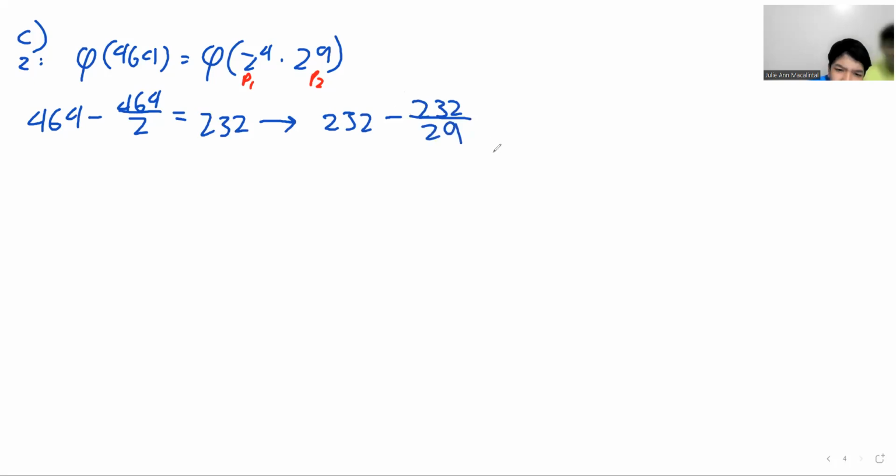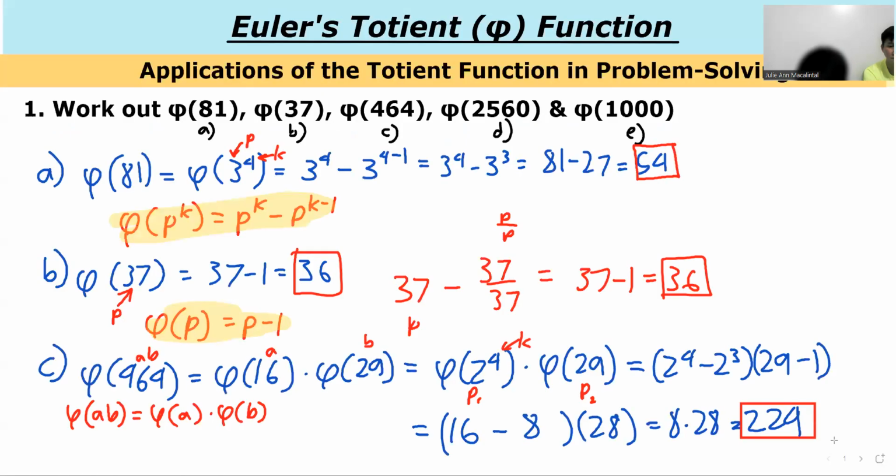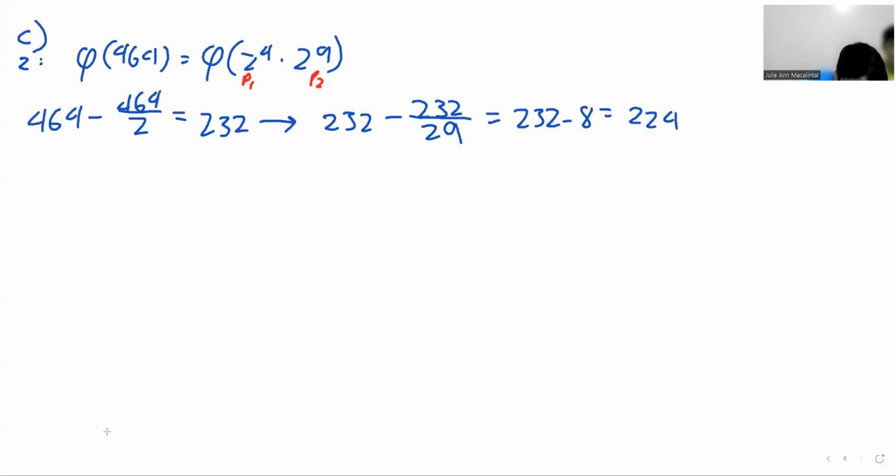This only works if the primes are in order from least to greatest. Let's see, is this the correct answer? 224. Yes, so it does work.